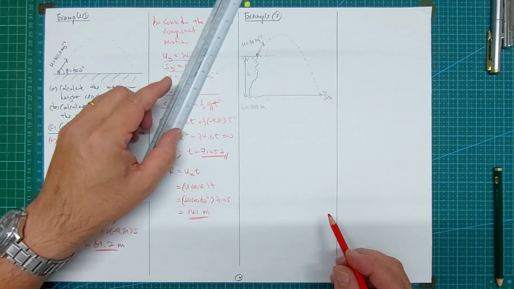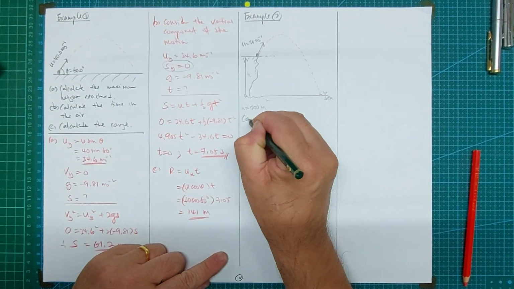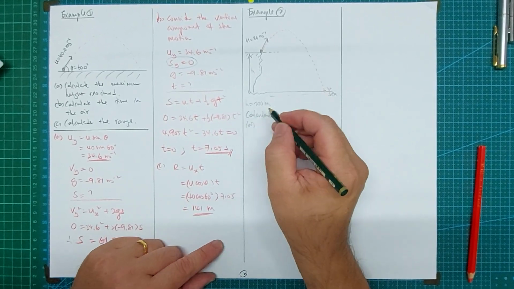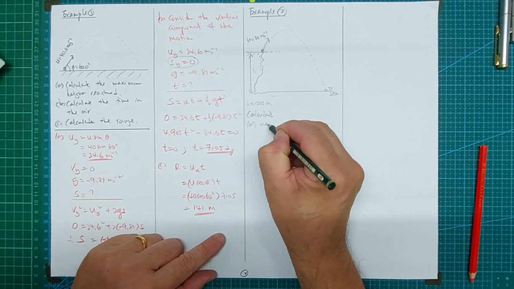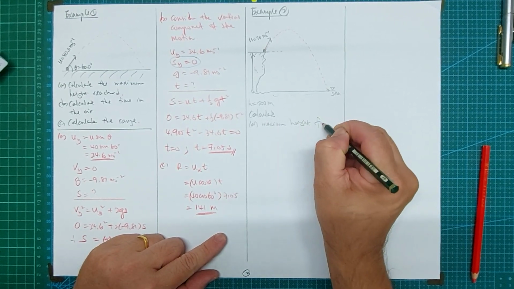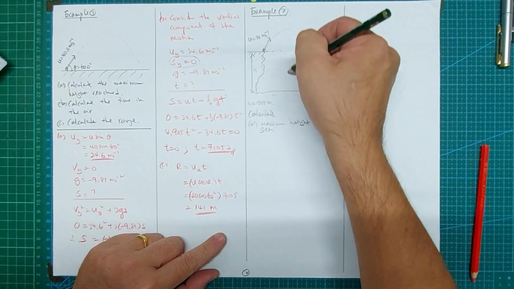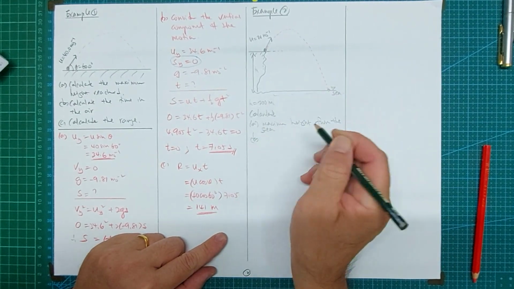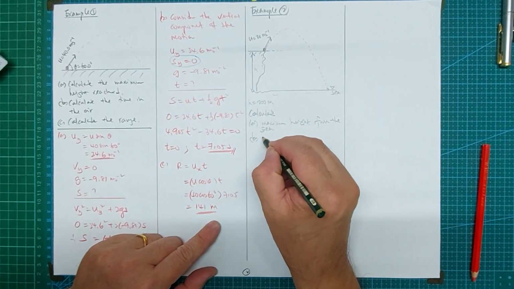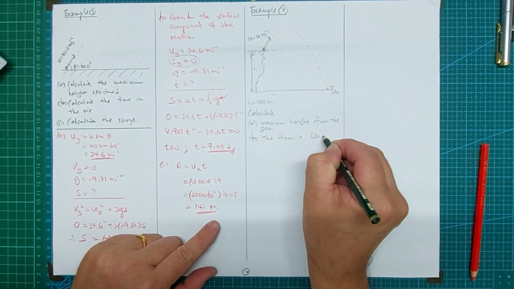So the question now is the same thing. Calculate, there are 4 things now. Calculate the maximum height from the sea surface, I mean this one here, right? And then number two is to calculate the time in flight.